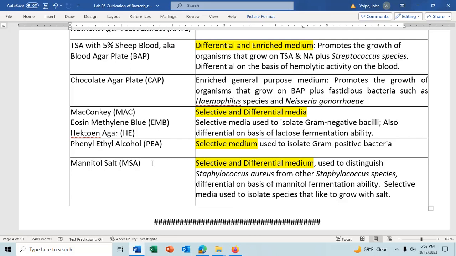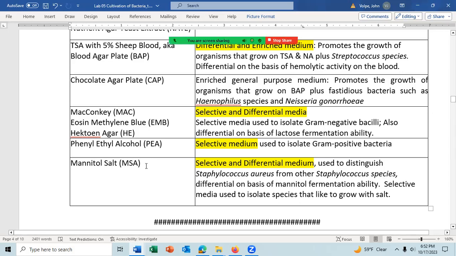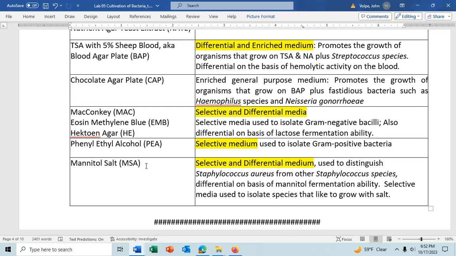It also is differential on the ability to ferment the sugar mannitol. If the bacteria can ferment the sugar mannitol, it'll be yellow in color. If it cannot ferment the sugar mannitol, it will not be yellow. The bacteria will be whatever color the bacteria normally are. Any questions about that?